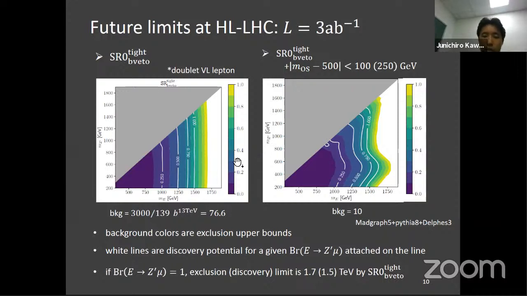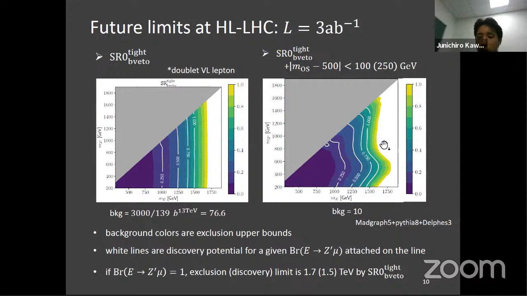Also, of course, this signal region is not very optimized for our scenario. For instance, we have the Z prime, which decays to dimuons and has a resonant structure. So it would be nice to further require a cut like the opposite-sign invariant mass being close to some higher value, like 500 GeV in this case.